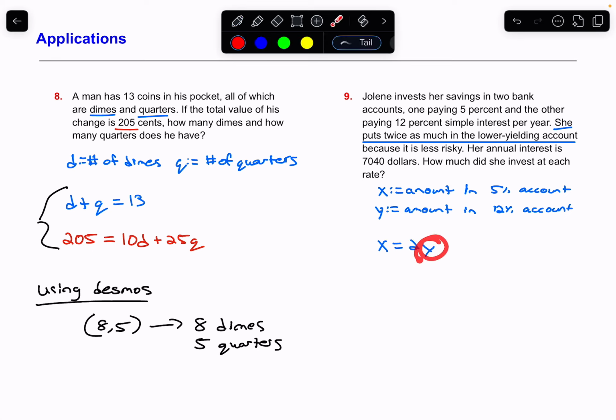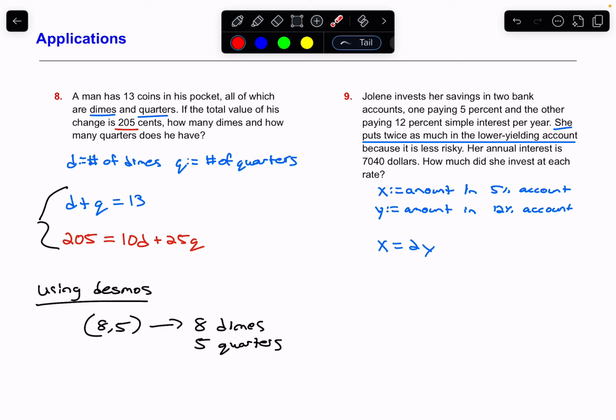Because however much money she puts in the high savings account, the 12% account is our Y, however much is here, you multiply that by 2, and that's how much is in the lower yielding account. So she puts twice as much in the lower yielding account, X is equal to 2Y.